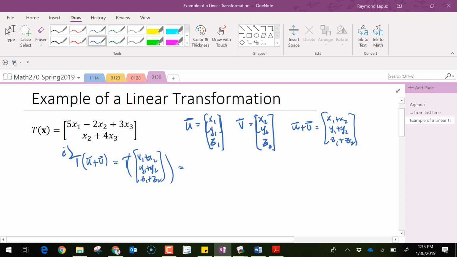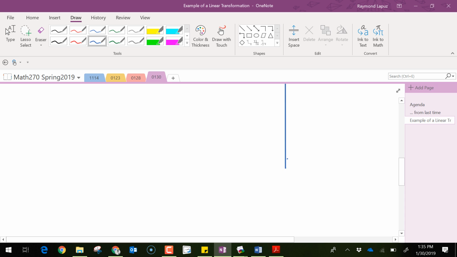And this is equal to, according to this output, 5 times the first variable, which is x1 plus x2, right? Minus 2 times the second variable, y1 plus y2, plus 3 times the third variable, z1 plus z2.